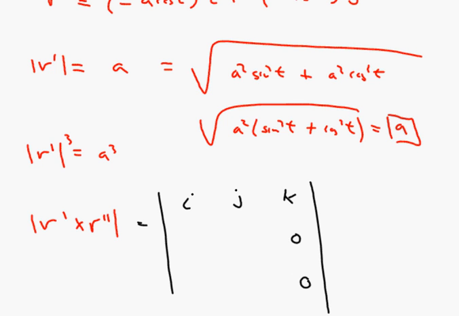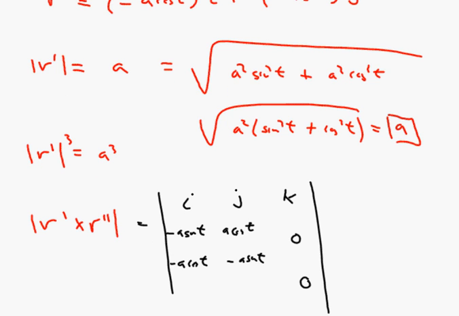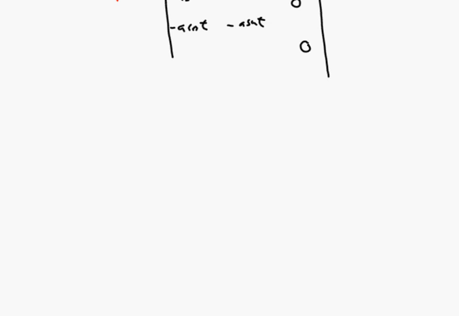Okay, so r prime is negative a sine t, a cosine t, and then the other vector is negative a cosine t, negative a sine t. And like I said, we put zeros on the last component because these vectors only move in a plane. They don't move in the z direction at all.